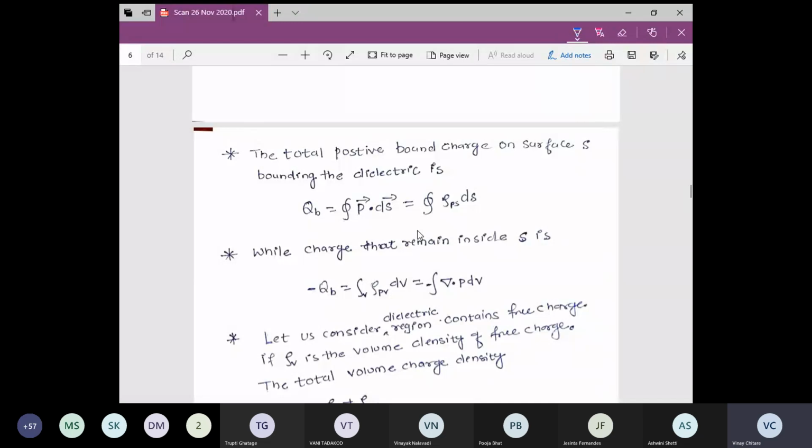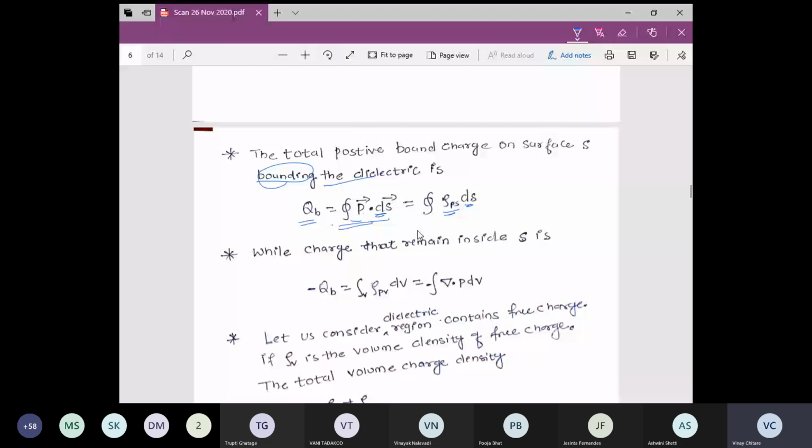The total positive bound charge on the surface S bounding the dielectric, which is not free to move but still bound to the dielectric, is the surface integral of P dot dS, and we can write this in terms of charge density as rho ps dS.